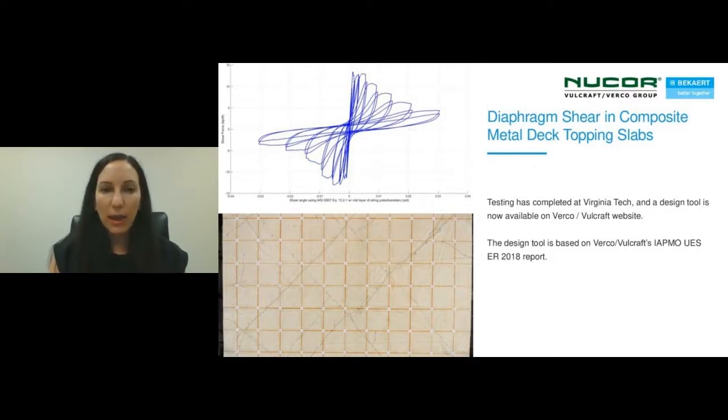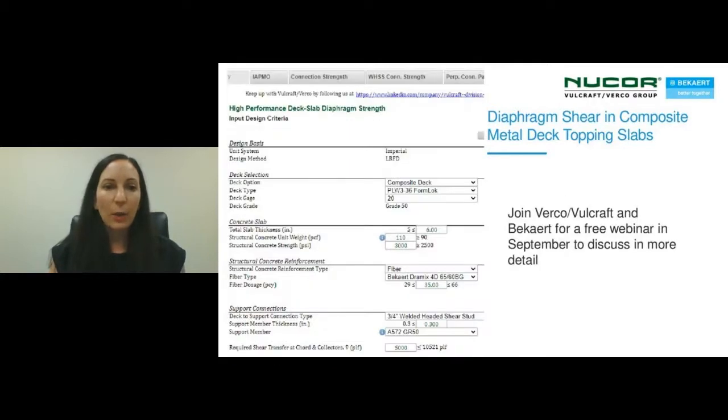And based on that research, there is now a new diaphragm shear online tool. That's on the Vulcraft and Verco website. So with that, you can actually just go on there. Depending on what your shear demand is, you can calculate what the dosage is. So you don't even have to contact me to come up with that. That's available to the public.